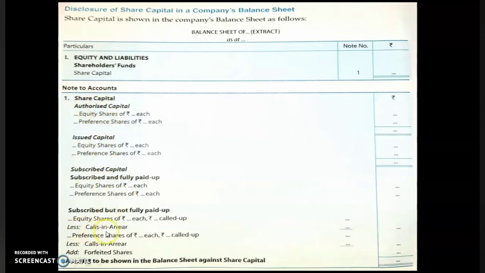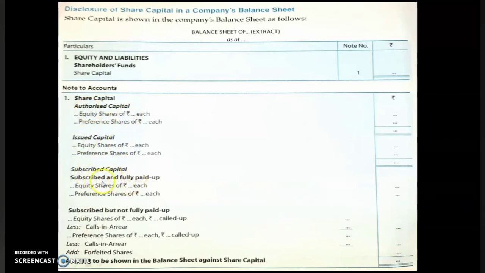You can see here calls in arrears which have been subtracted and forfeited shares which have been added. Children, these terms we will discuss in the coming chapters. Okay, when the chapter proceeds, we will have more clarity with these terms. So for today, you just have to understand that in share capital, we have sub-classification of shares as authorized capital, issued capital, subscribed capital.